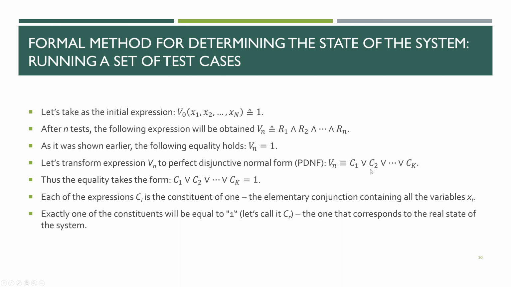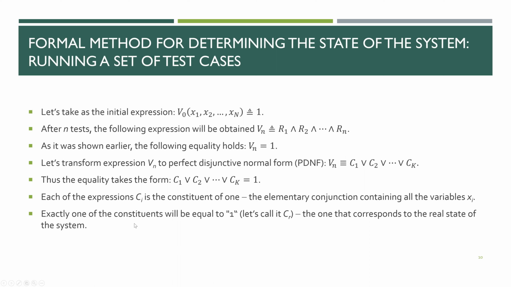So this equality takes the form where the disjunction of elementary conjunctions is equal to 1. As was said, each of these expressions Ci is a constituent of 1, an elementary conjunction containing all the variables xi.